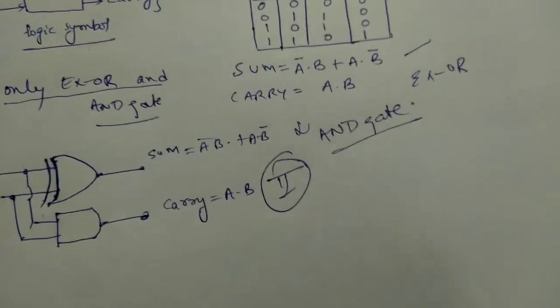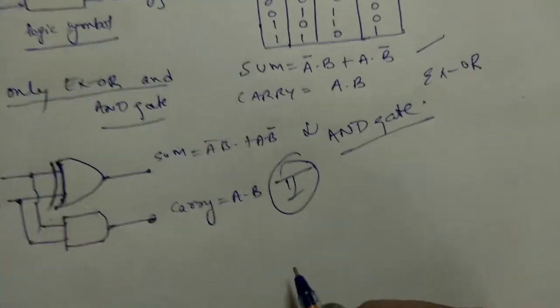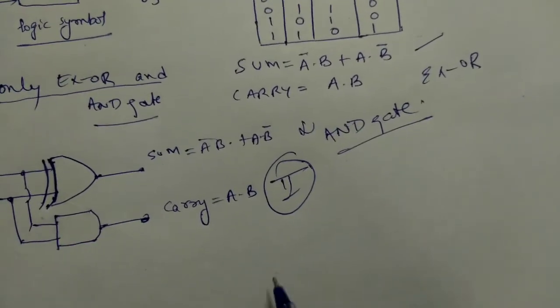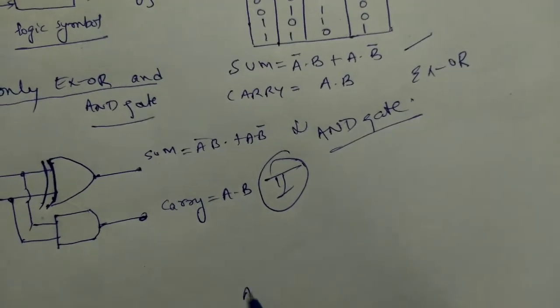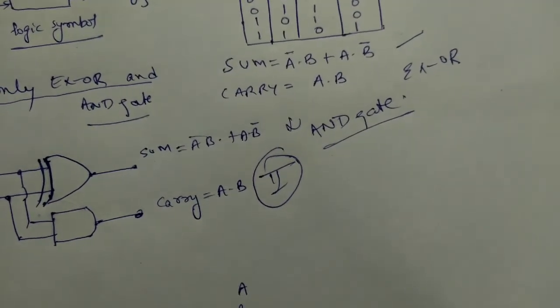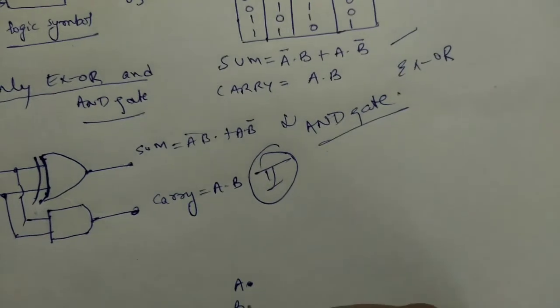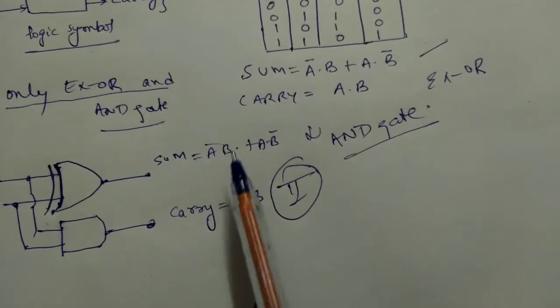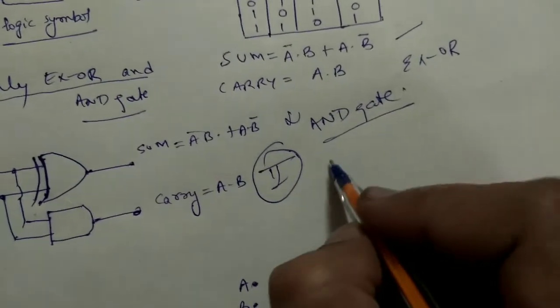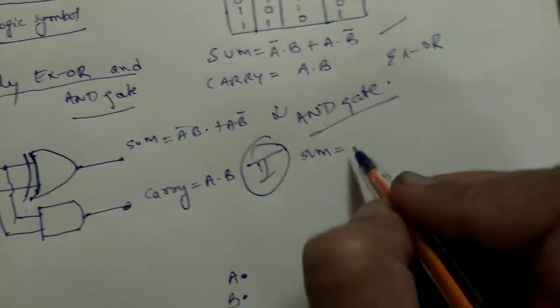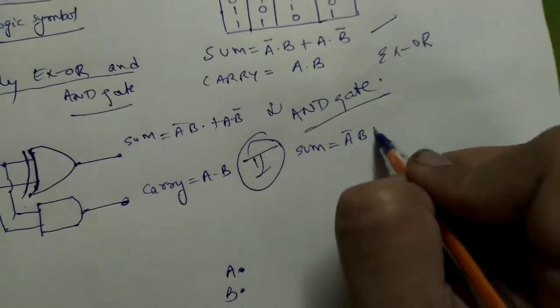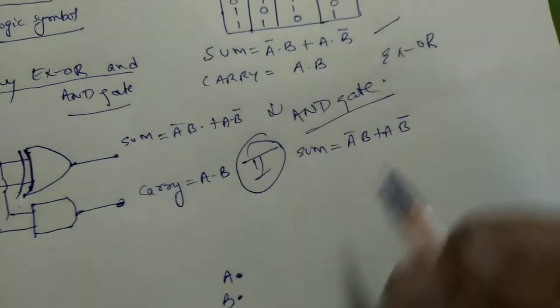So for this I am taking the input A and here I am taking B. Looking at the equation, we have to draw sum is equal to A bar B plus A into B bar.